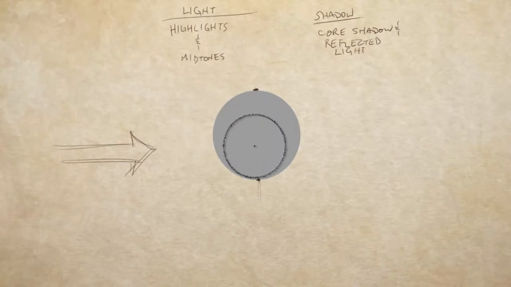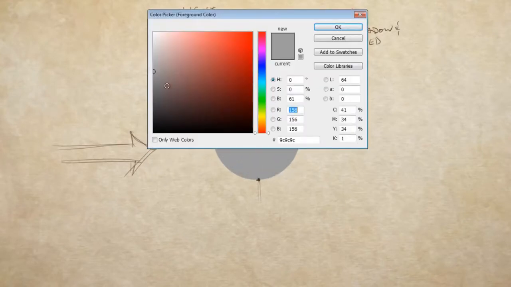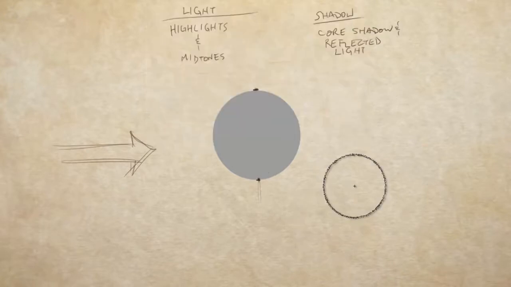So I'm going to select this tone, and then remember the way to find the shadow tone is to go from the light tone you've selected to black and then go halfway in between those two. So say that would be the shadow tone. So I can put that down as the shadow.